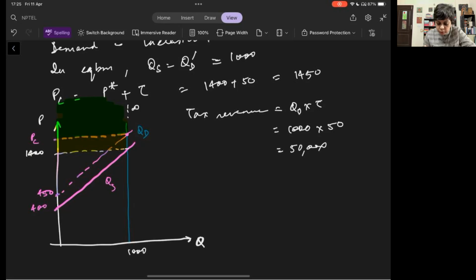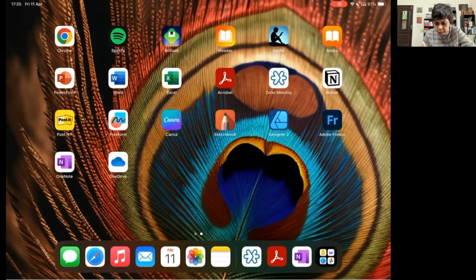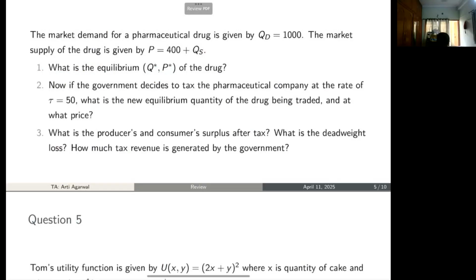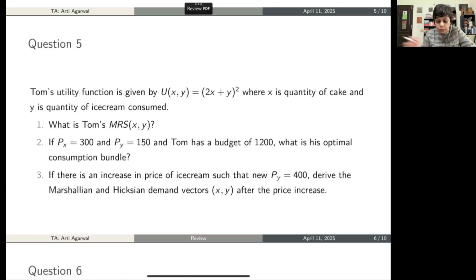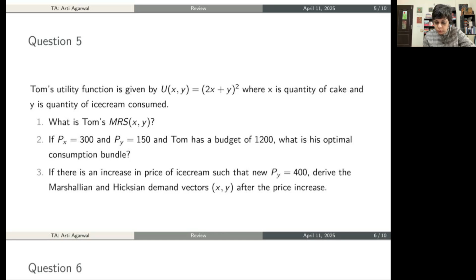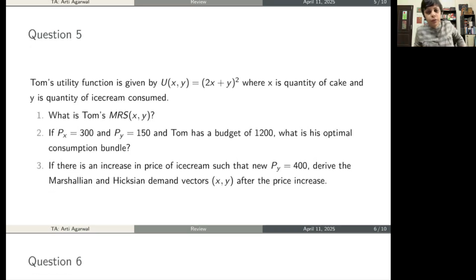Okay, let's go to the next question. I don't know how many we will be able to cover today, but there are quite a few questions. Now we are given a utility function, where X is the quantity of cake and Y is the quantity of ice cream. Firstly, you're asked what is the MRS value for this consumer.